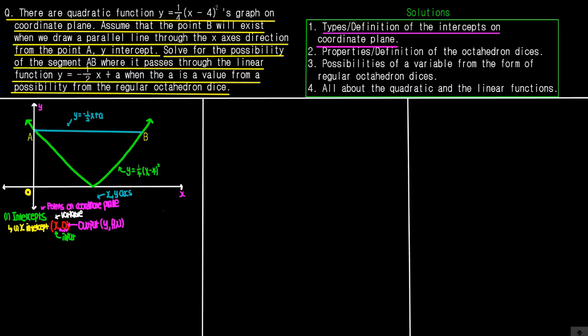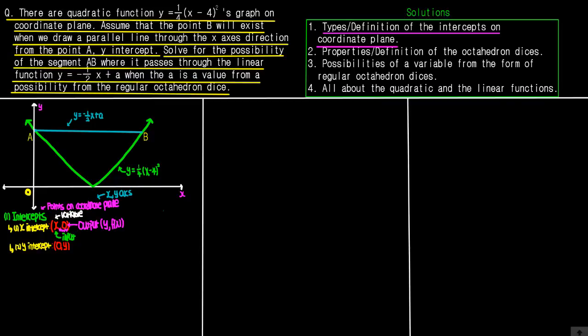Now, let's think about the second case of our intercept, which is the y-intercept. The y-intercept is exactly the same kind of concept as the x-intercept, except the point is on the y-axis. So the coordinate of our y-intercept is going to be (0, y).